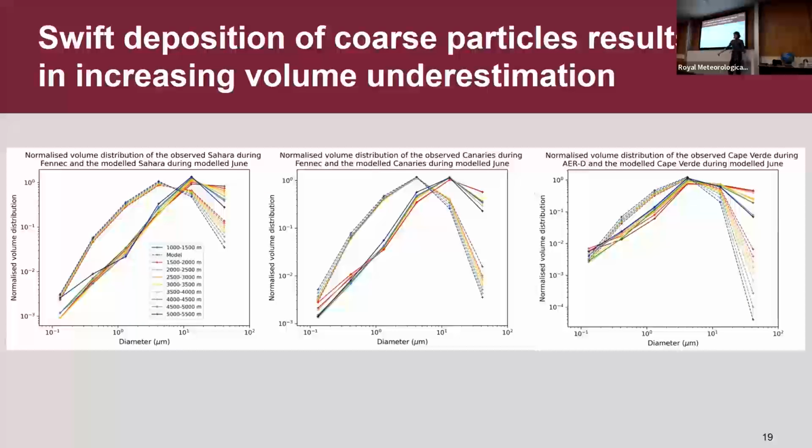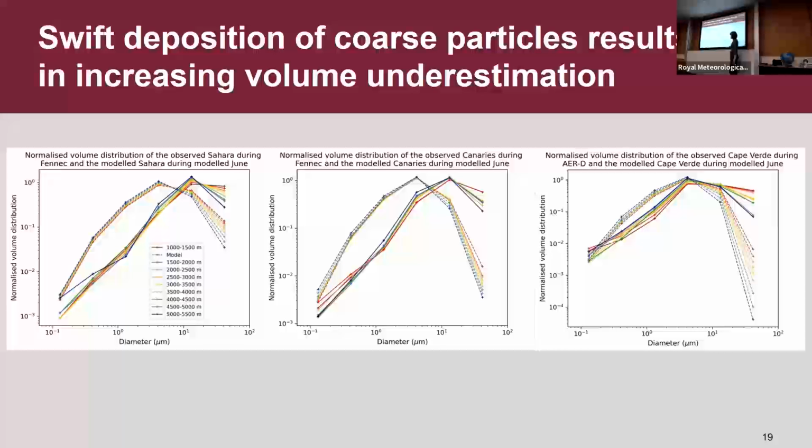So again, that proves that the model is shifting where it thinks its mass and volume is to smaller sizes. First of all, it's got the peak in the wrong place. Next thing to note is this gap between the observations and the model in bin 6, so at those largest size ranges.